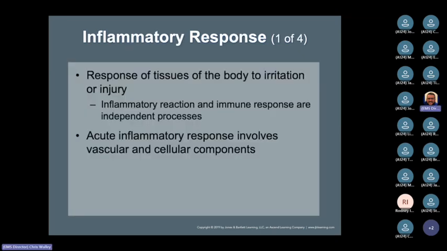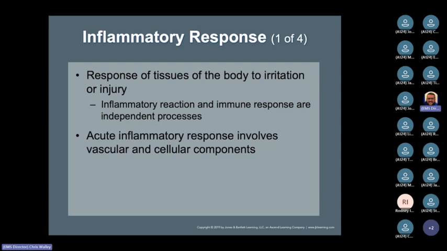All right. So the inflammatory responses. Inflammatory reaction and immune response are independent processes that often occur simultaneously. Most common causes of inflammation are infection and injury. Acute inflammatory responses involve vascular and cellular components. During inflammation, some mast cells degranulate and release a variety of substances. After degranulation, mast cells release vasoactive amines.